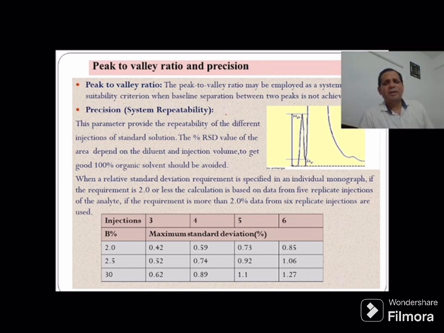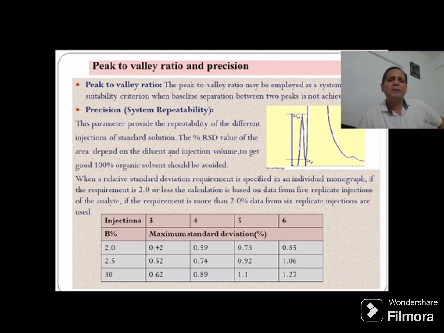Next system suitability parameter is the precision. In this parameter we can check how the injector portion of the HPLC or GC is working. If it is working fine, then we will get a good percentage RSD value of the peaks, different peaks.